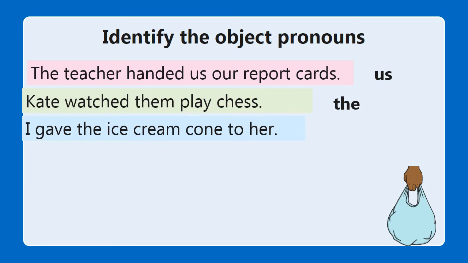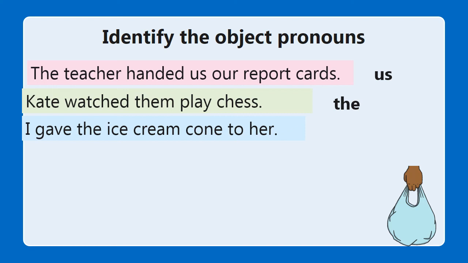Sentence number 3. I gave the ice cream cone to her. Now, in this sentence, there are 2 pronouns, but we're looking for the object pronoun. Remember, object pronouns are in the predicate part of the sentence. So, what is the verb in the sentence?